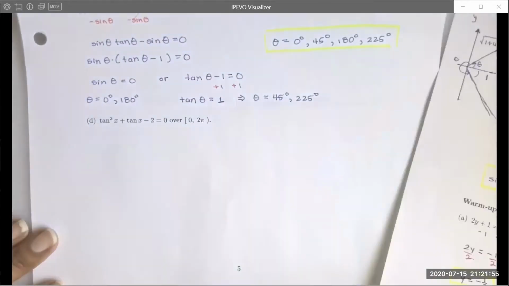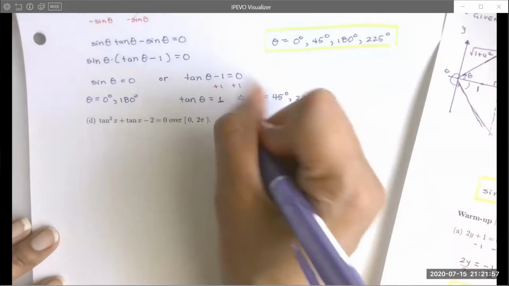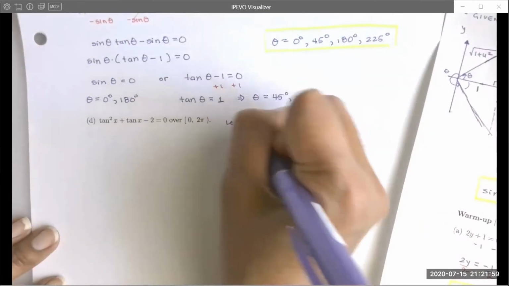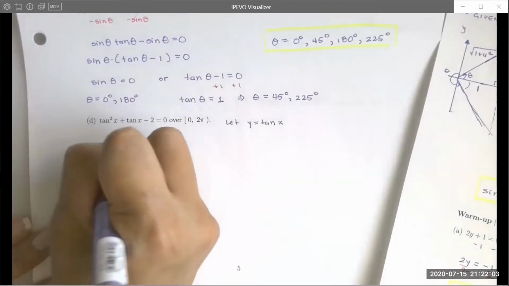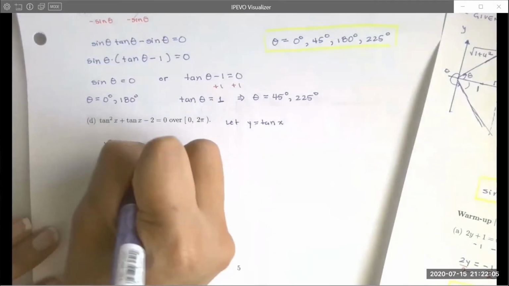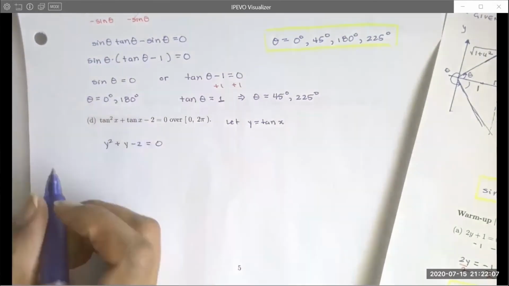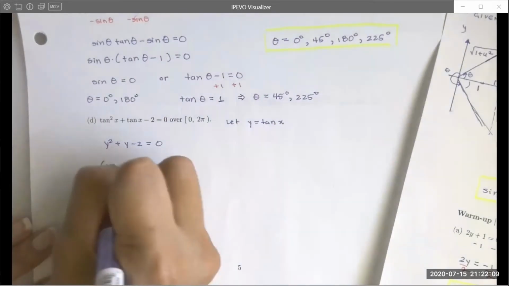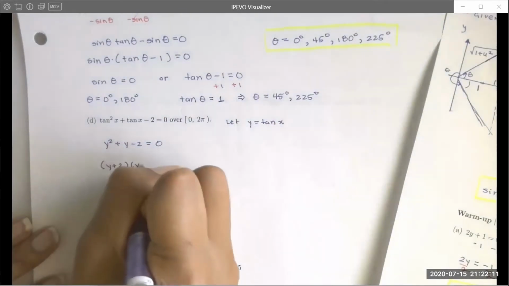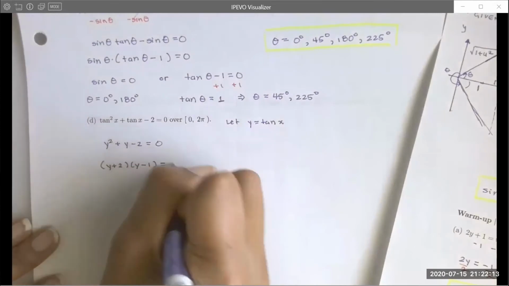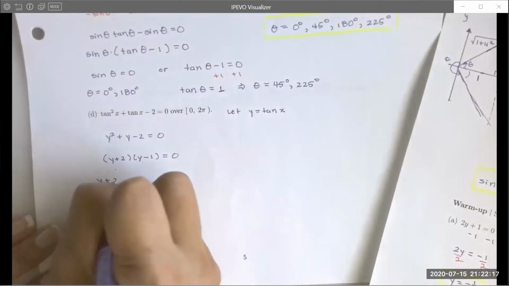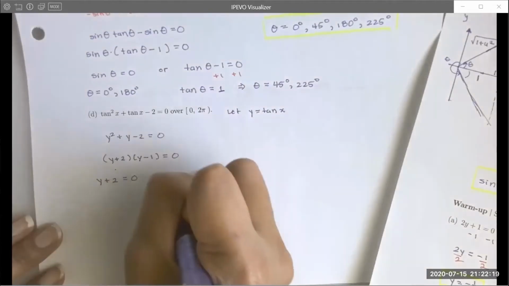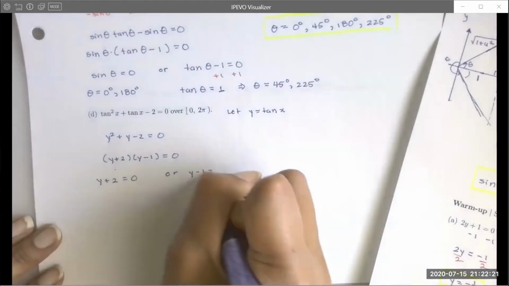In fact, let me just say let y be equal to tangent x, and then you have y squared plus y minus 2 equals 0. And then this factors into y plus 2 times y minus 1 equals 0, which means that either y plus 2 is 0 or y minus 1 is 0.